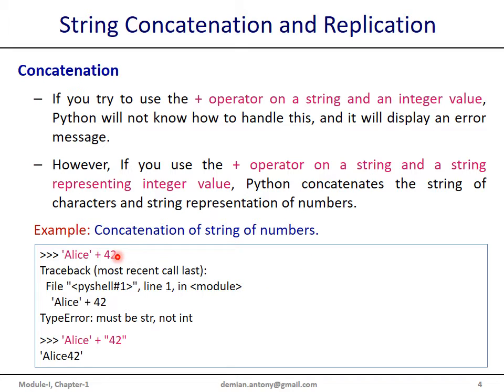But this is a valid statement if we enclose this whole number 42 with a single quote or double quote. Take up this second example where I have represented the second operand as a string representing the number or integer, and this is a valid expression which evaluates down to a new string called Alice 42.